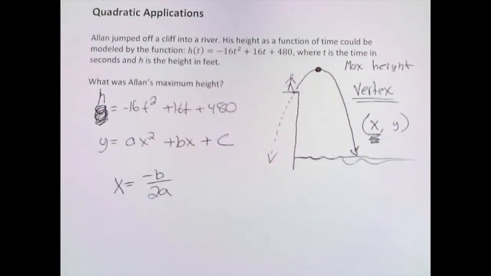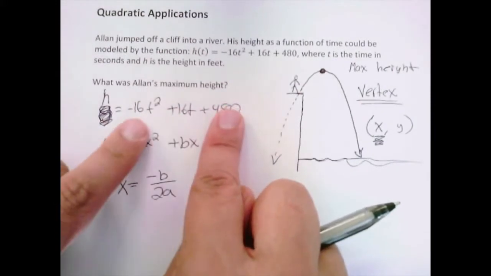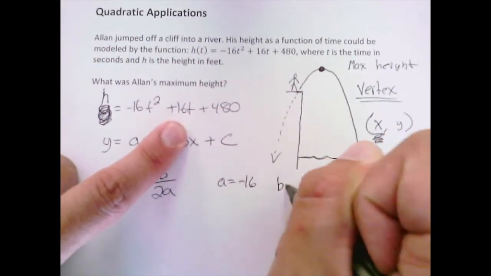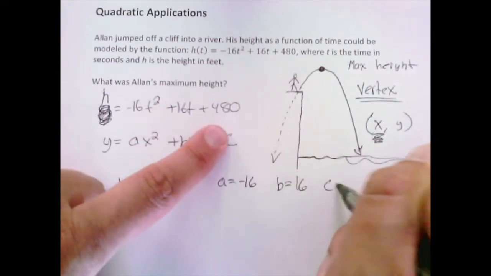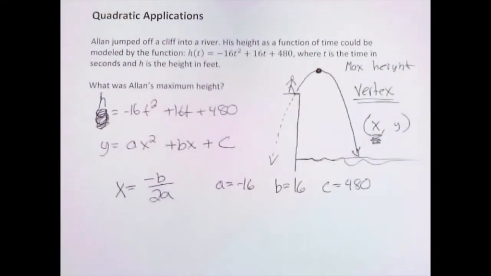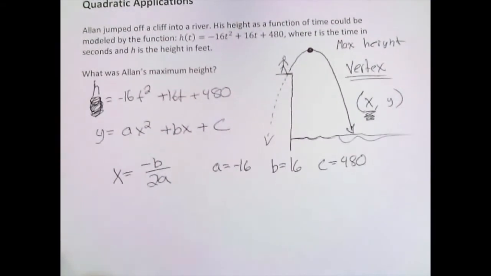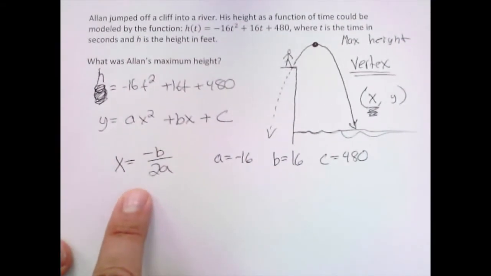So let's start by doing that. Looking at my equation, a would be negative 16, b would be 16, and c would be 480. Let's use that information in this equation, which gives us the x value of the vertex.